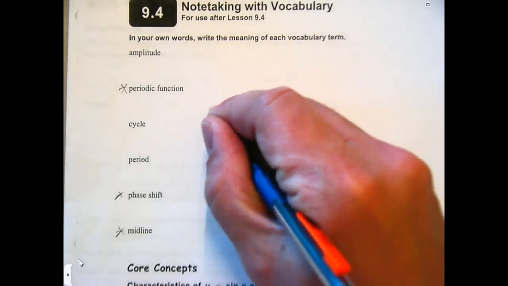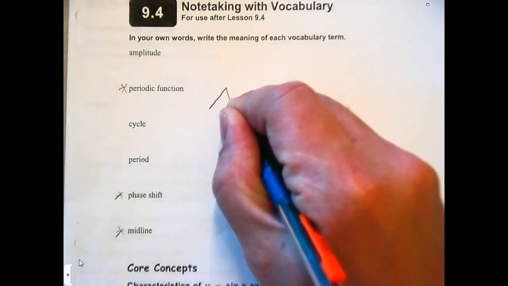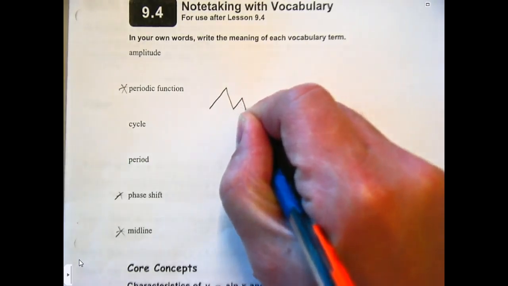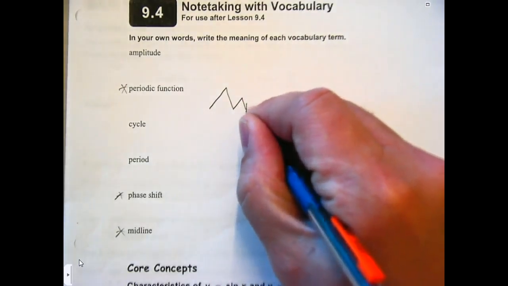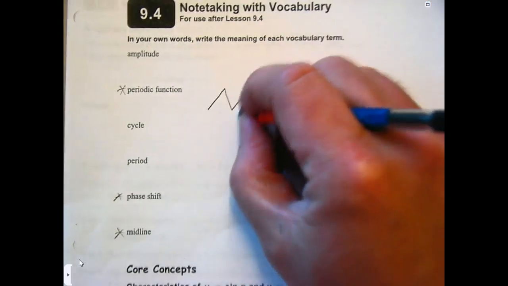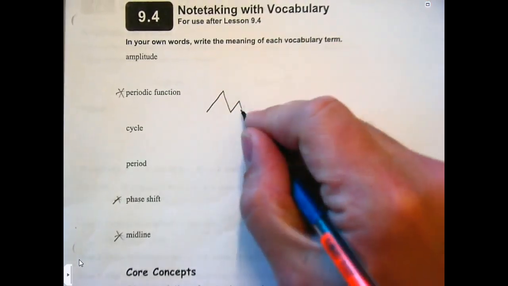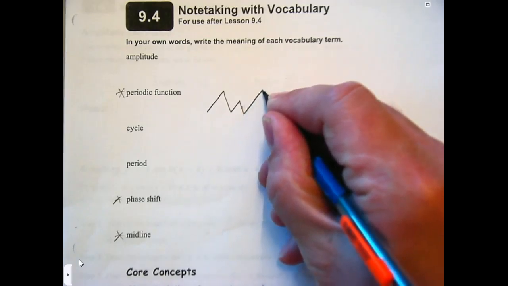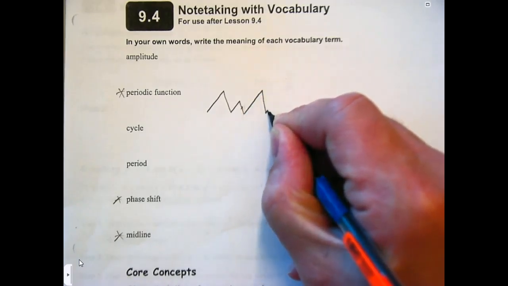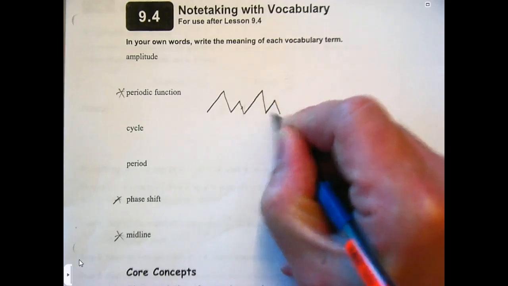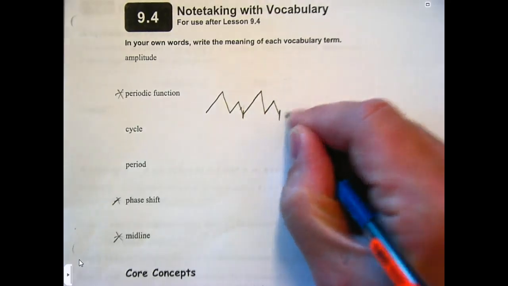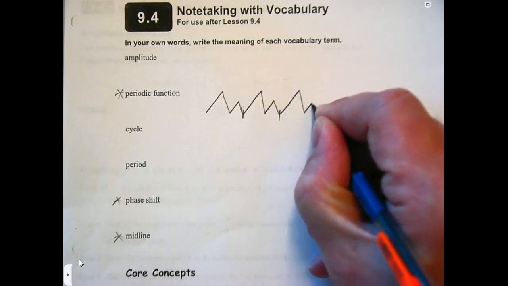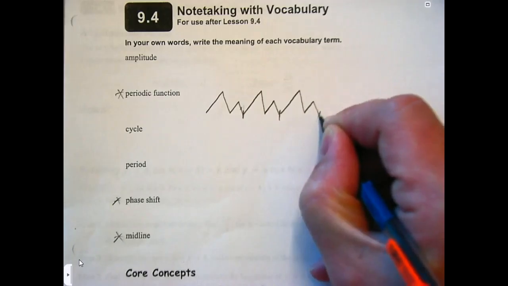Just so that we're clear, a periodic function is any function, anything that repeats itself. So let's pretend that is one iteration of my function right there. Another iteration is right there. So that's 1, that's 2, and then another iteration is right there.